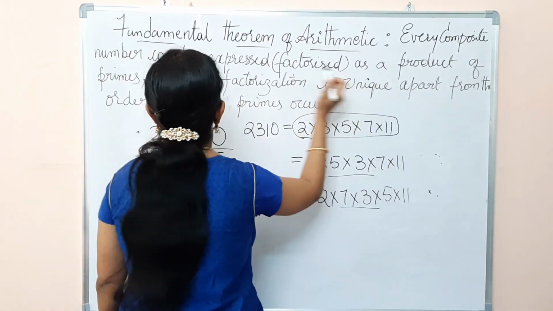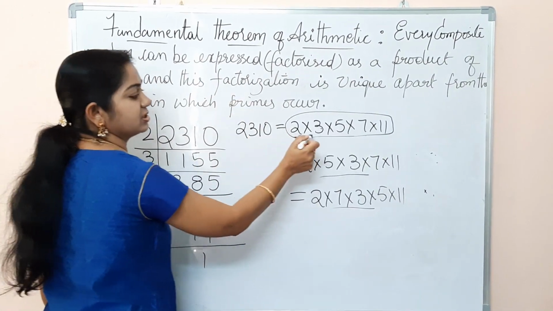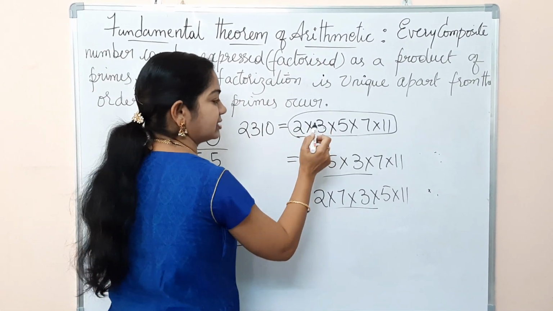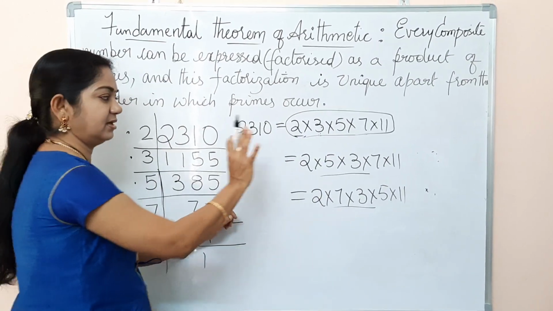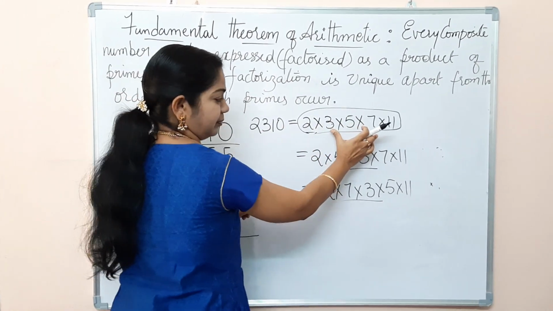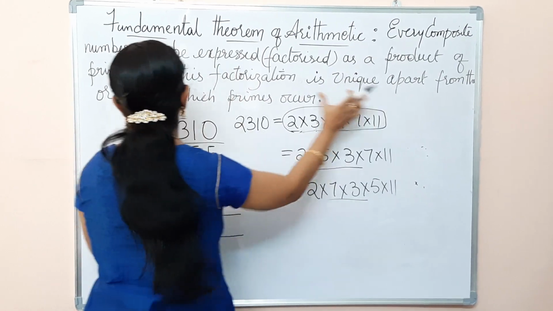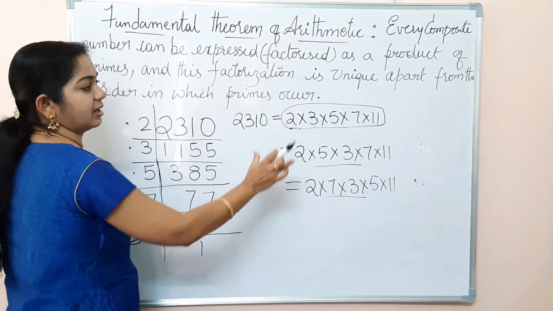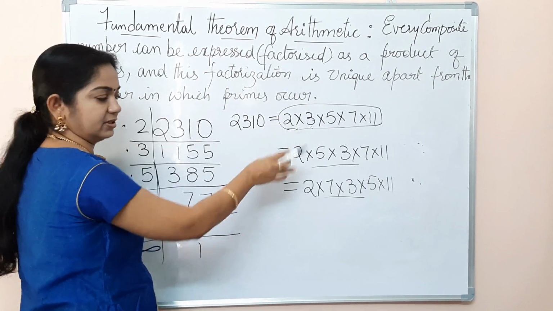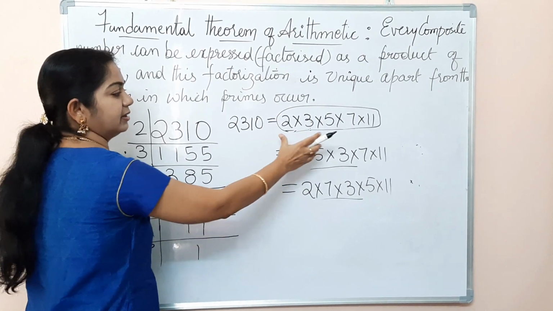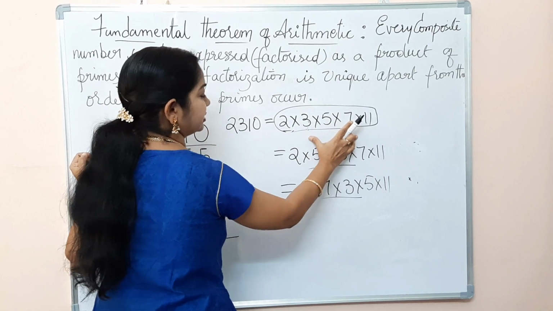That it is a product of primes and this factorization is unique. That means it has only 2, 3, 5, 7 and 11. The order in which the primes occur may be something here and there, but they are the unique factors of this.